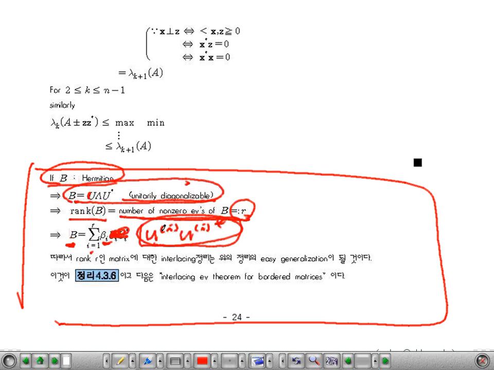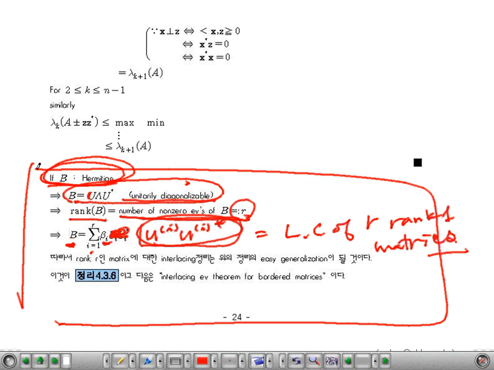You understand? This is a linear combination of r rank 1 matrices. Suppose you have a Hermitian matrix with rank r. Then your study of this Hermitian matrix is only a study of rank 1 matrices. If you know about the rank 1 matrix, then you can have all the information for the given matrix.